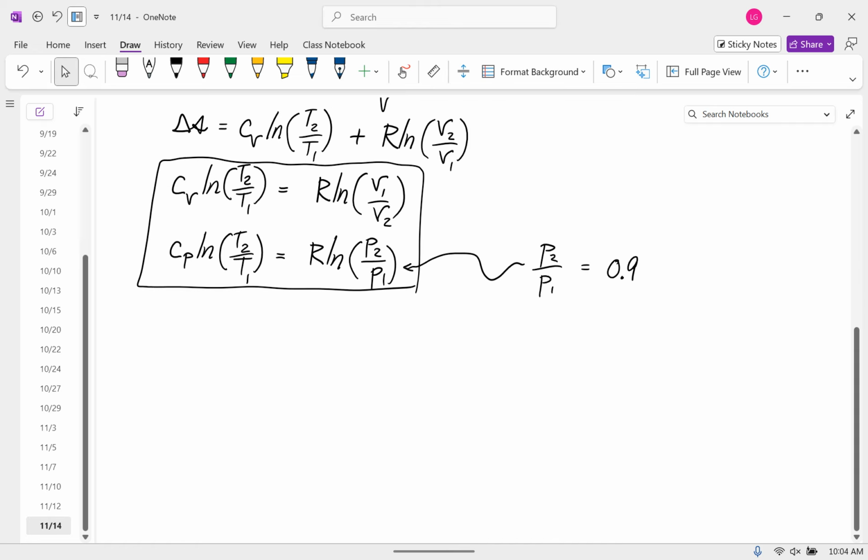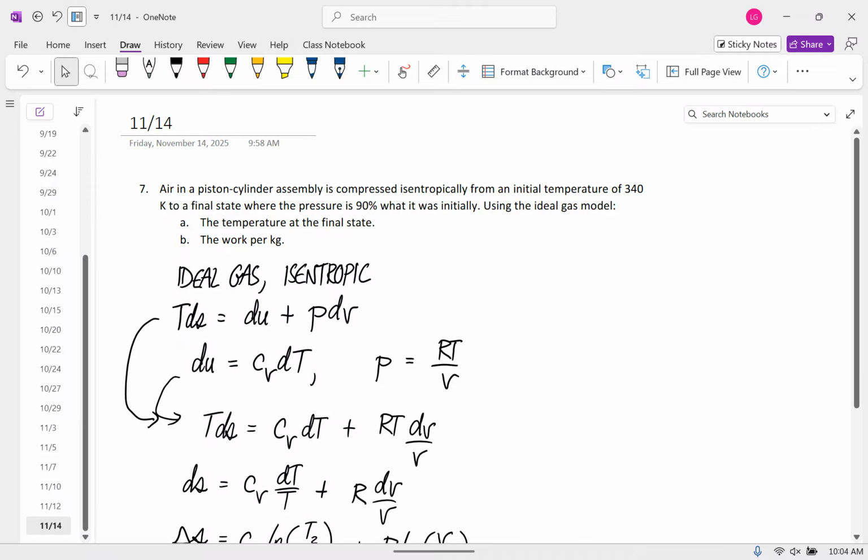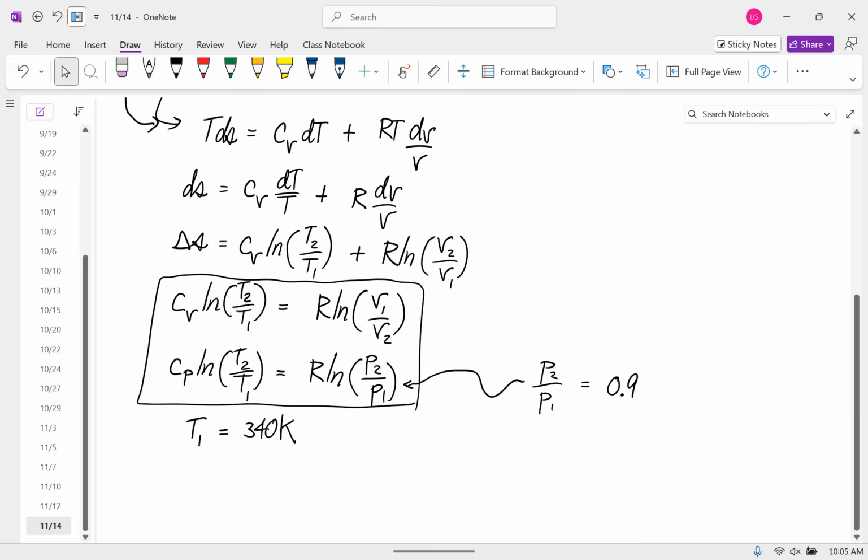And T1 is 340 Kelvin. CV and CP we know because this is air. R, we know. All right, so we're trying to calculate that final temperature.